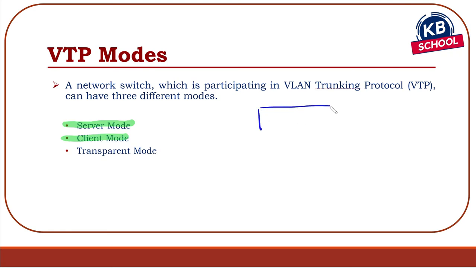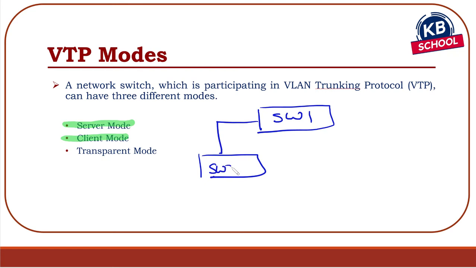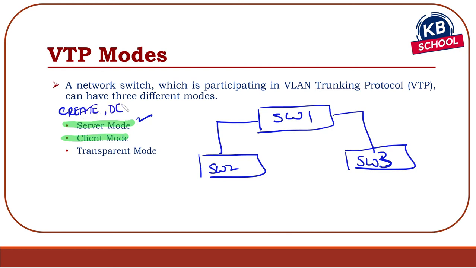So if you want the creation of the VLANs to be done on a particular switch in your network, you do have the ability to set that up as a VTP server. The rest of the switches I'm going to set up as clients. So this is where you create the VLANs, delete the VLANs, all the changes are done on the server.